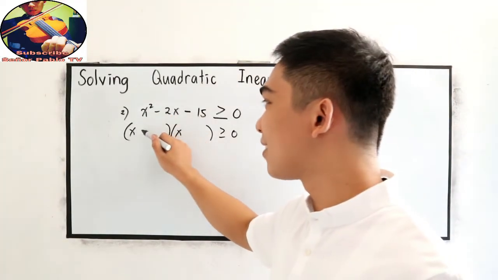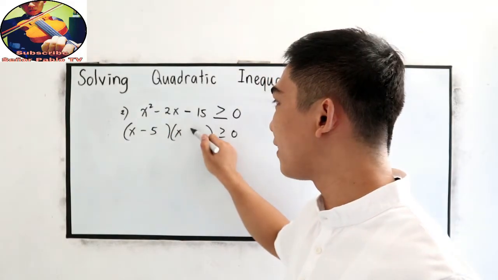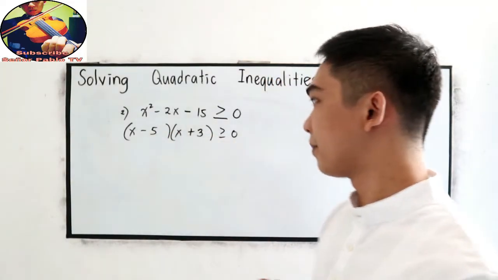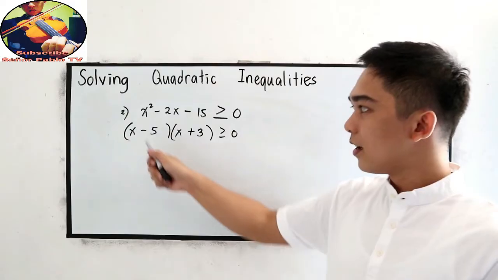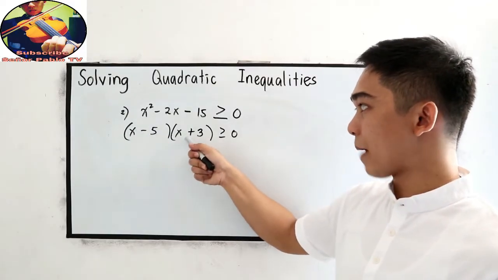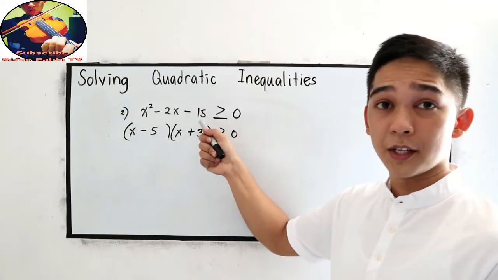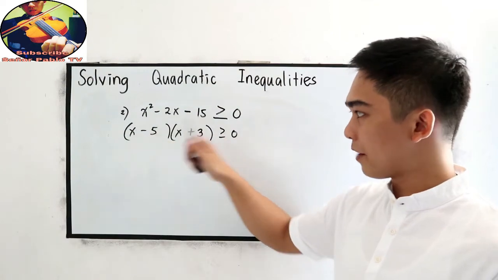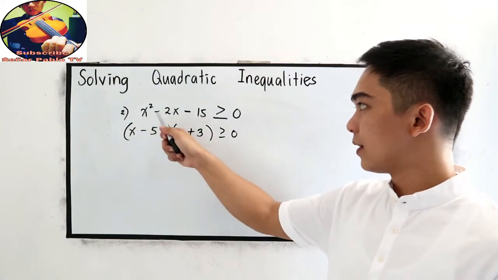So that is negative 5 and positive 3. Negative 5 times positive 3, that is negative 15. Negative 5 plus positive 3, that is negative 2.